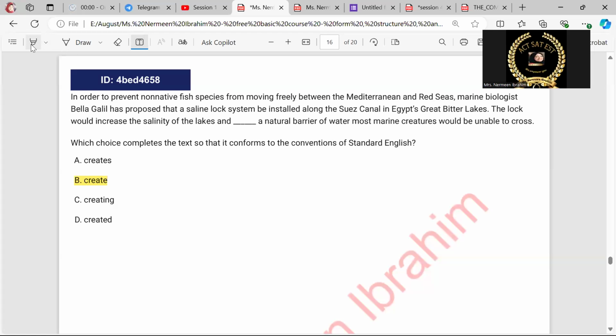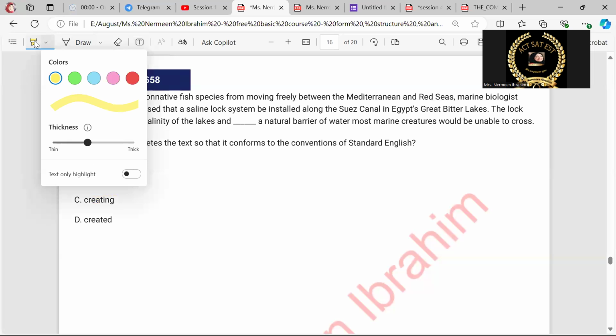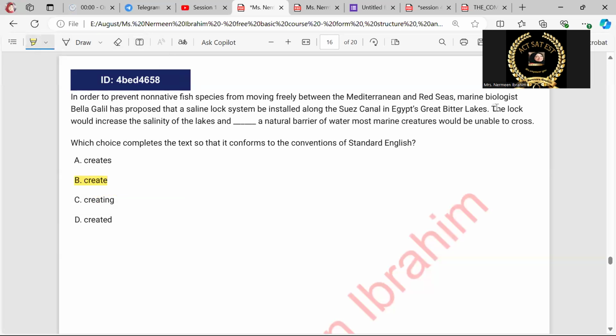Okay, let's see what's wrong with that question and what makes it a little bit tricky. Now, we will go to the sentence that has the blank. We're going to read from its beginning till its end, and we're going to assign the main verbs.